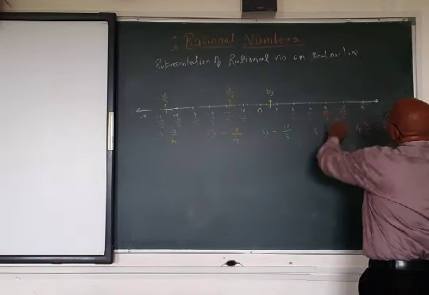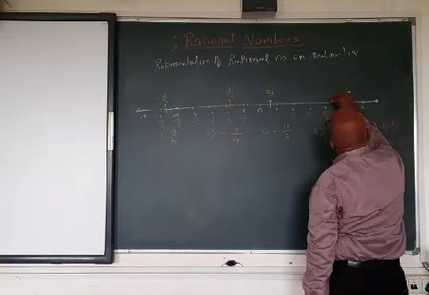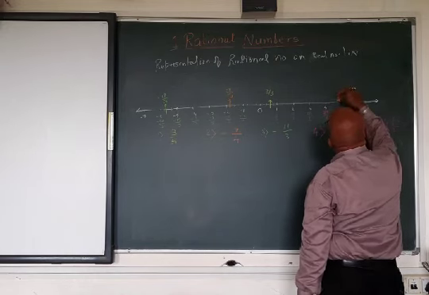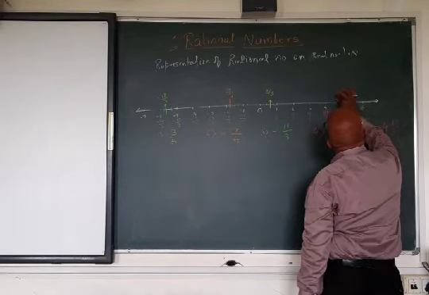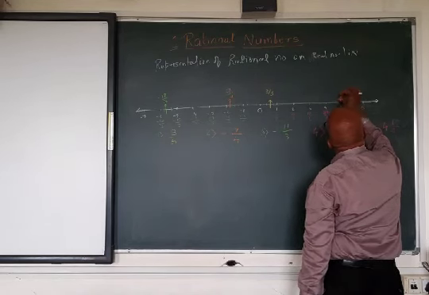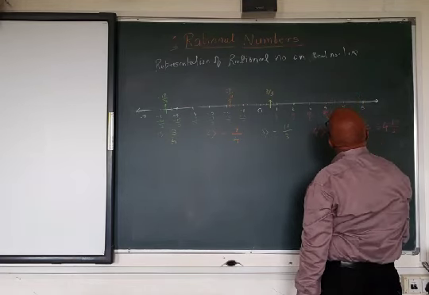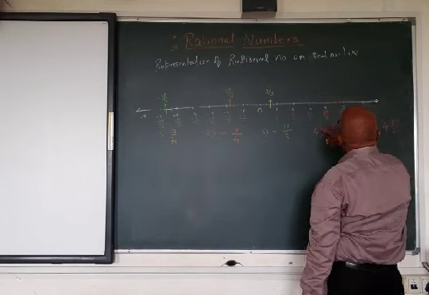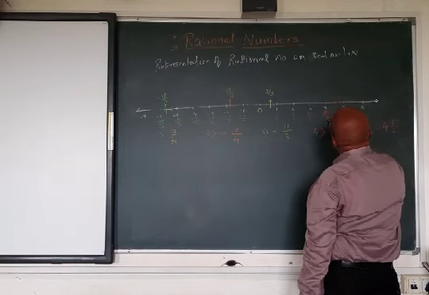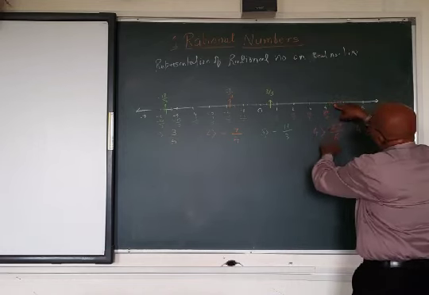It comes in between here. This part I have to divide in 6 parts. So first I will mark the center, and then these two will be divided again into 3 equal parts. Now this was 24 upon 6, so this is 24, 25, 26, 27. We got 27.